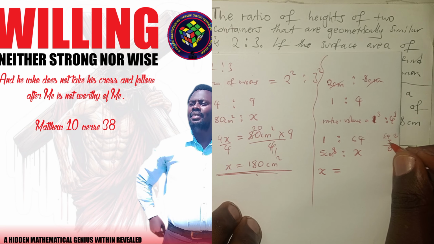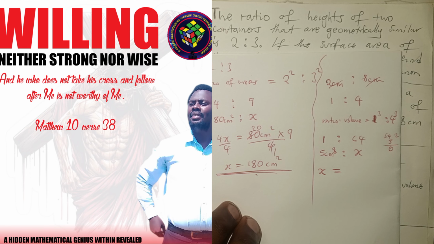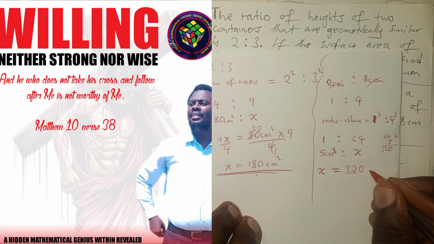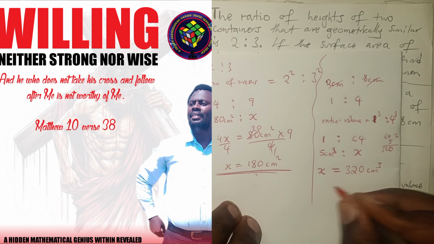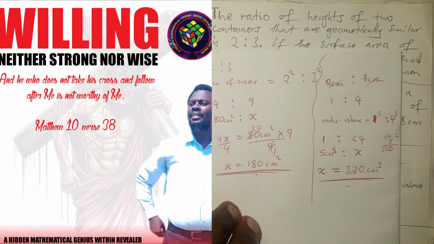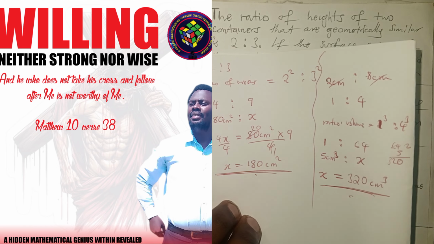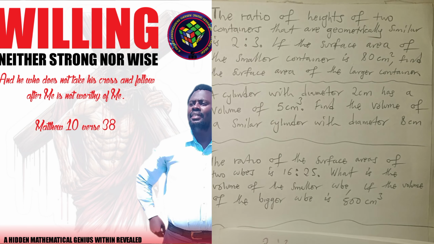Carry 2. 5 multiplied by 6, you get 30. 30 plus 2, you get 32. So you have 320 cubic centimeters. So that is the volume of the larger cylinder. We go to question 3.